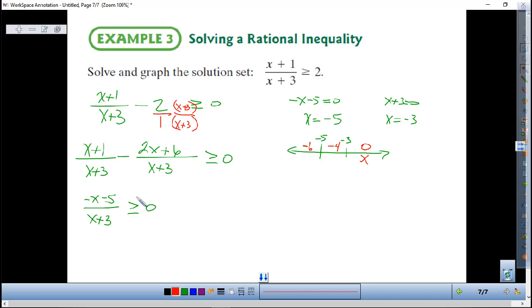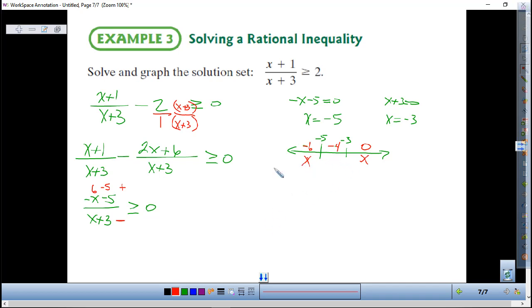If we plug in -6, that's a +6 minus 5, which is going to give you a plus on top. And -6 plus 3 is going to give you a minus on the bottom. What's a positive divided by a negative? That's going to be a negative, and that is not greater than or equal to 0. So this is not going to be part of my solution either.